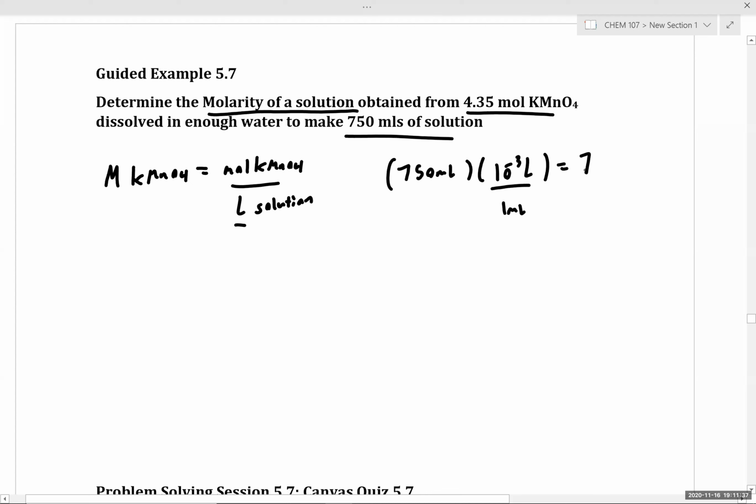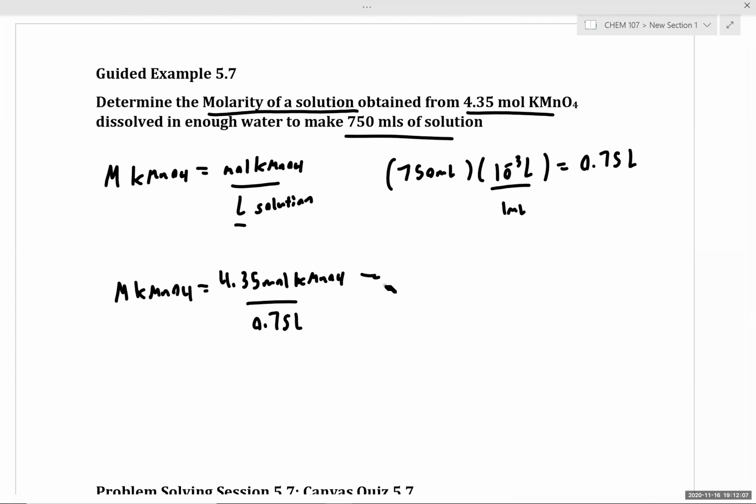So that gives us 0.75 liters of solution. Now that we have everything in the correct units, we can solve for the molarity of permanganate, which is 4.35 moles of potassium permanganate over 0.75 liters.